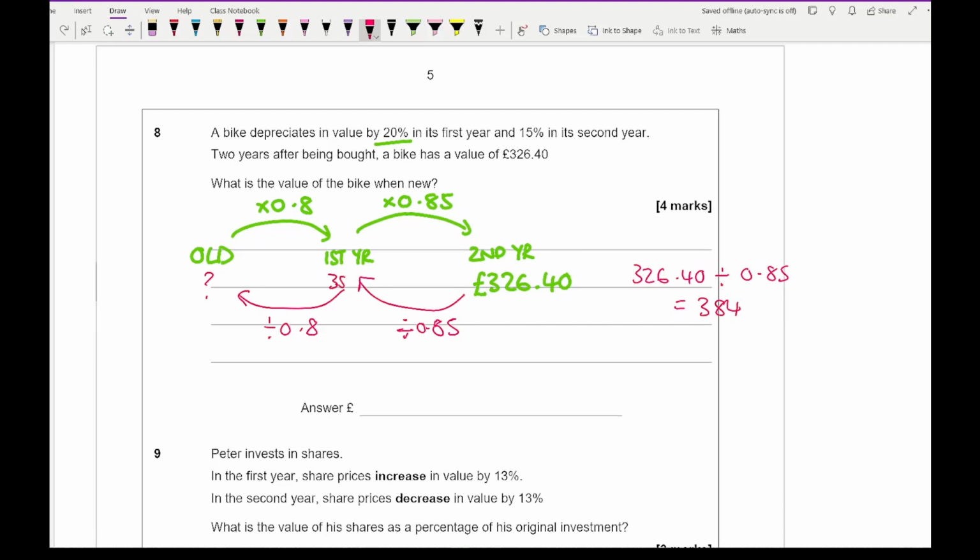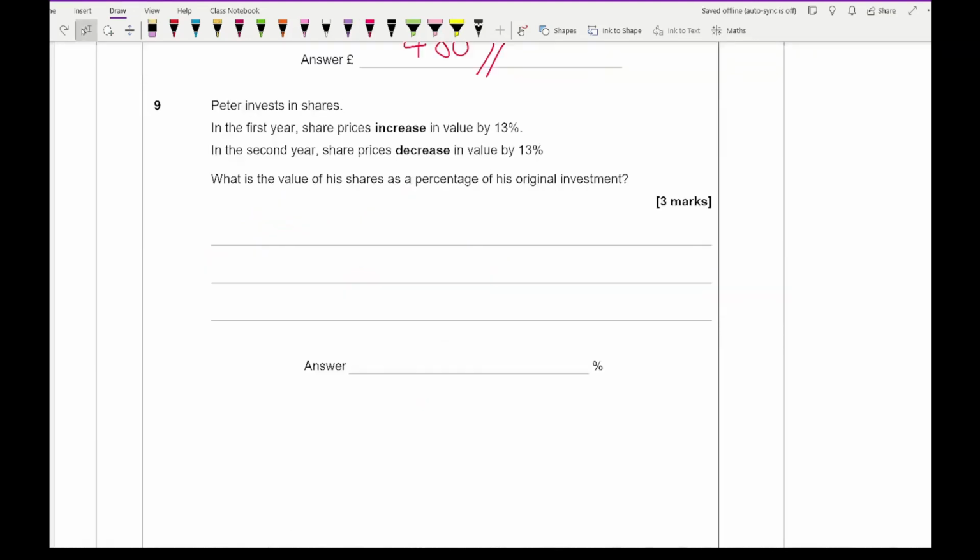So then I need to do 384 divided by 0.8, which gives me an answer of £480.